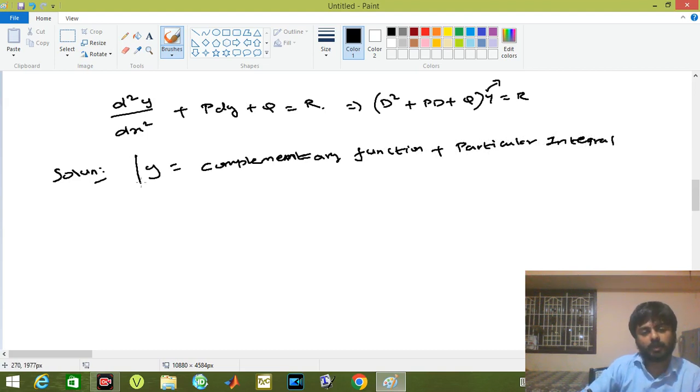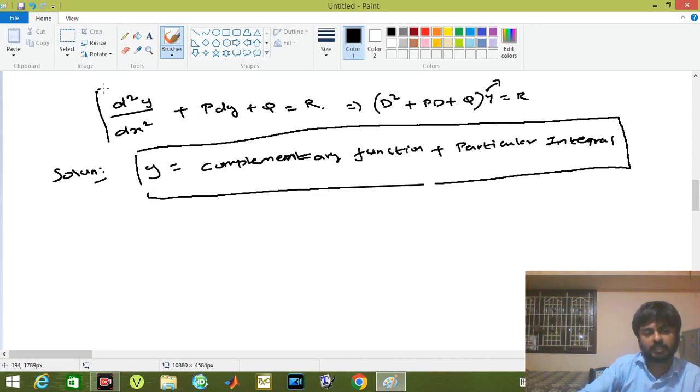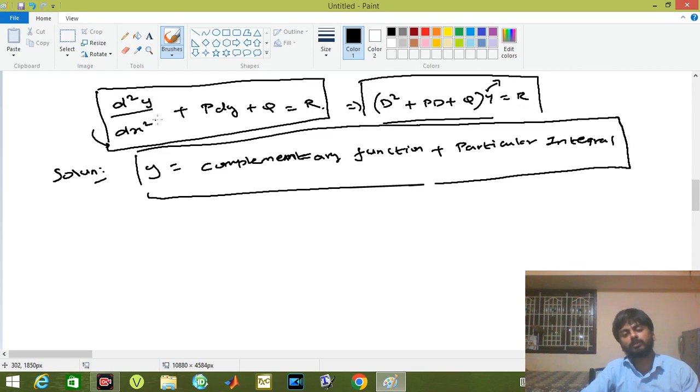Okay, so always this will be your solution when you are having such differential equations. I am giving this as an example, but you can have a cubic equation, or sometimes you can have an nth order equation also. Whatever you have, your solution will be y equal to complementary function plus particular integral.